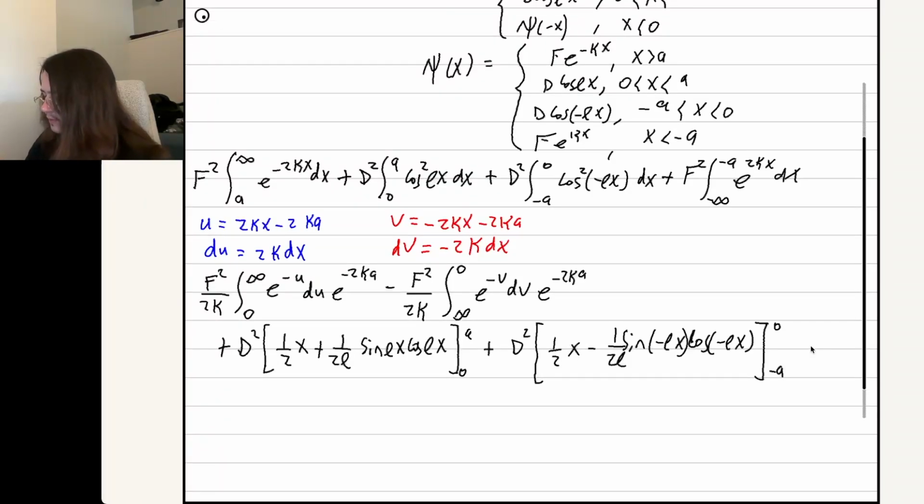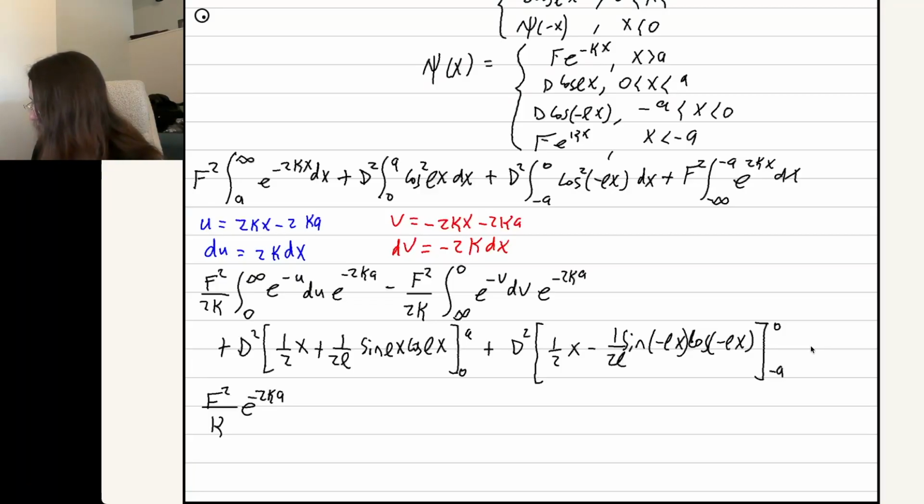Both of these integrals are ones which we know how to do. They actually have the same value, because if you just flip this minus sign to a plus sign and flip these integration bounds, it's the same integral, which has the value of 1. So we can add those up. That's going to be f squared over kappa e to the minus 2 kappa a.